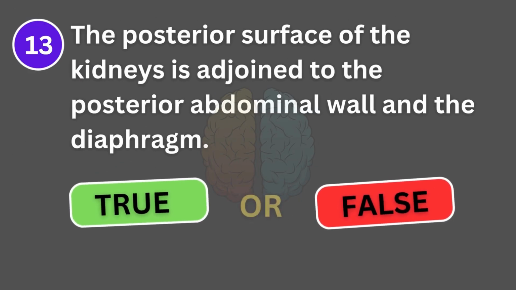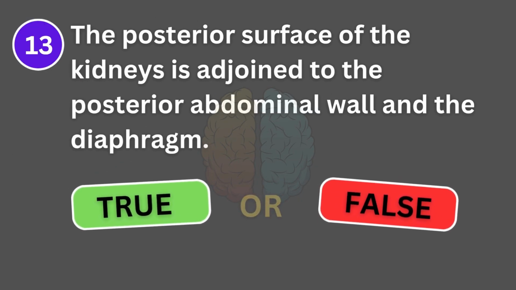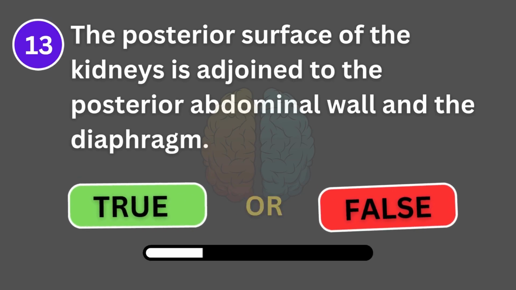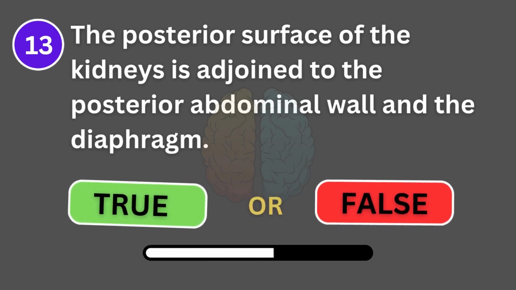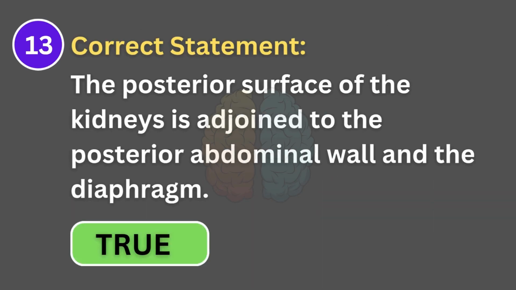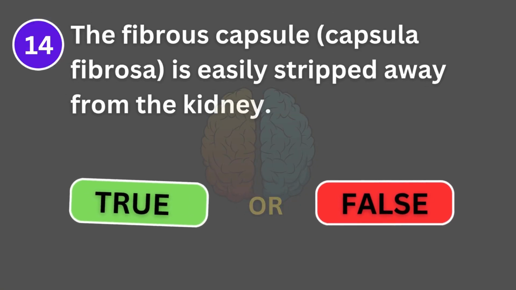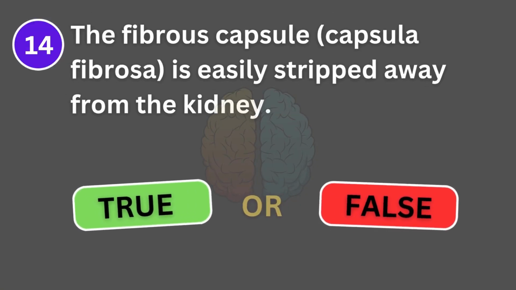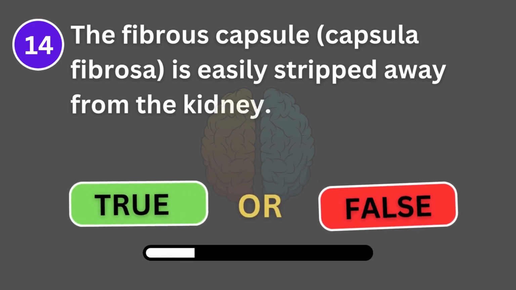The posterior surface of the kidneys is adjoined to the posterior abdominal wall and the diaphragm. The fibrous capsule, capsula fibrosa, is easily stripped away from the kidney.